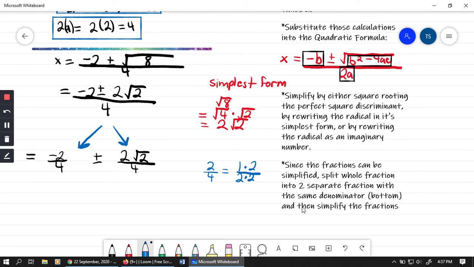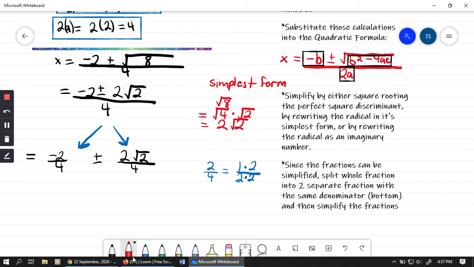Whenever you're simplifying rational expressions, which are expressions that can be written as fractions, you can cancel out the common factors at both the top and the bottom.